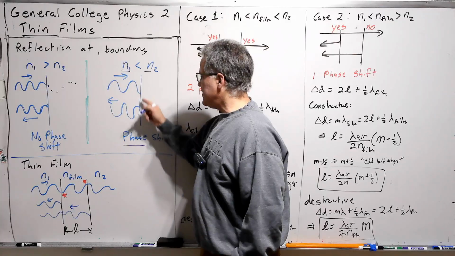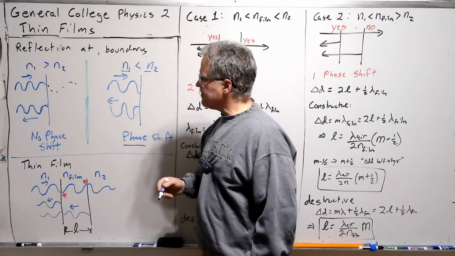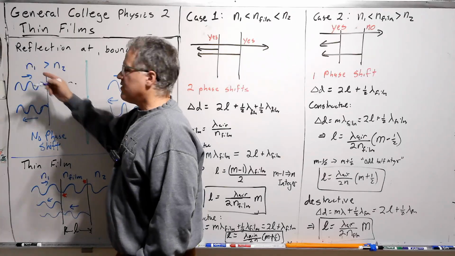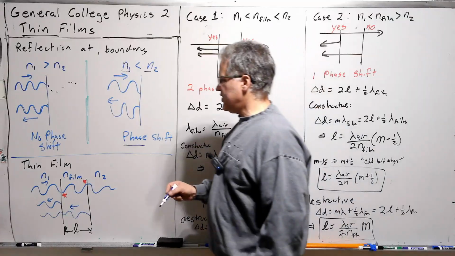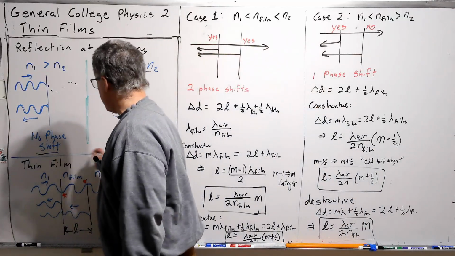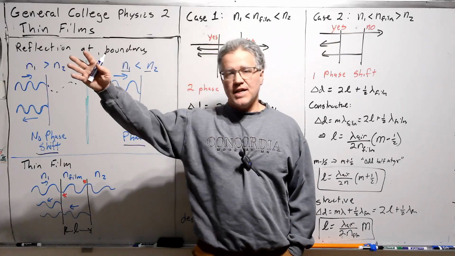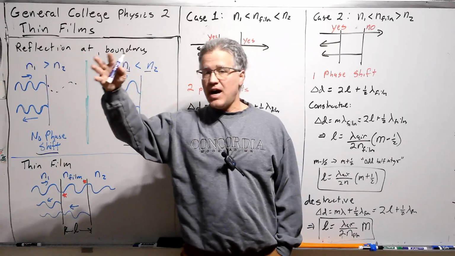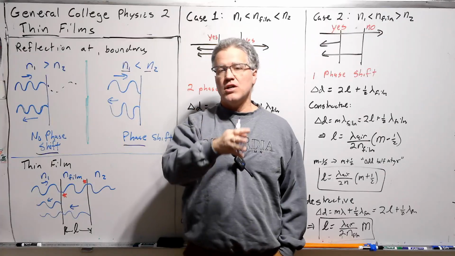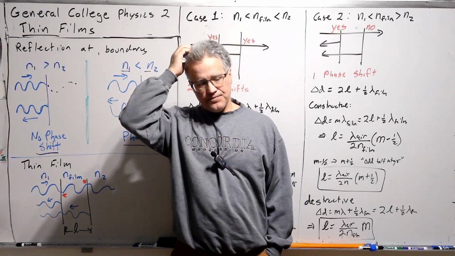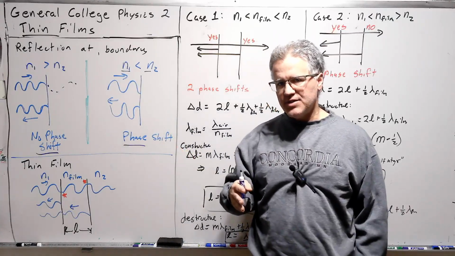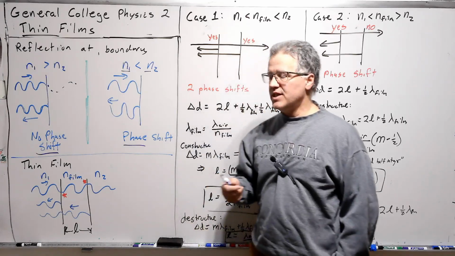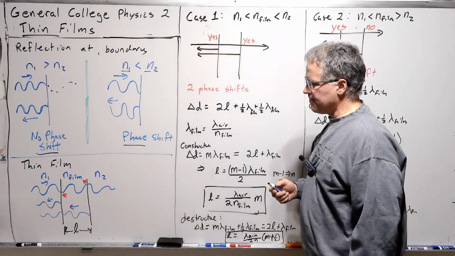So we're going to get a phase shift. It's going to be inverted. However, if we're coming in from a higher index of refraction, then we are not going to get a phase shift. So whether we have a phase shift or not depends on whether our light is passing through the boundary from a higher index of refraction to lower, or lower to higher. When we're looking at the behavior of light across these boundaries, it's going to be important to know the index of refraction on either side.